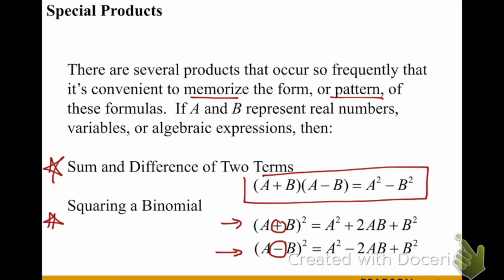Similarly, for the difference, if we have A minus B squared, it will be A squared minus 2AB plus B squared. Notice it's the exact same pattern, but the second term always takes on the sign of whatever the original binomial was, either A plus B or A minus B. If you don't feel like memorizing these, it is totally fine to always just remember to FOIL if necessary.